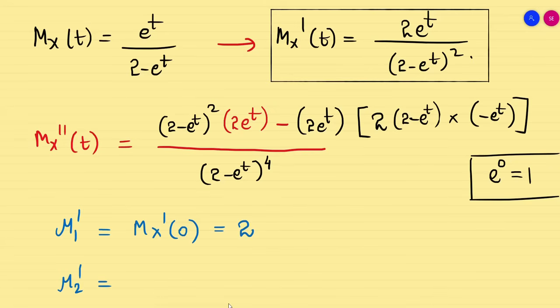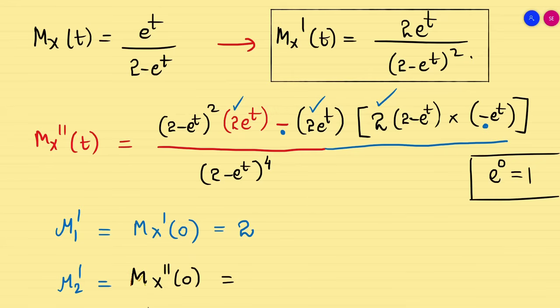Now let's go for my mu2 dash. It has such a big equation, but nothing. My denominator will become 1. 2 minus 1, 1. 1 power anything is 1. So 1, 2 is there. So here 1 minus and here 1 minus. So we'll be having what? Mx double dash of 0.